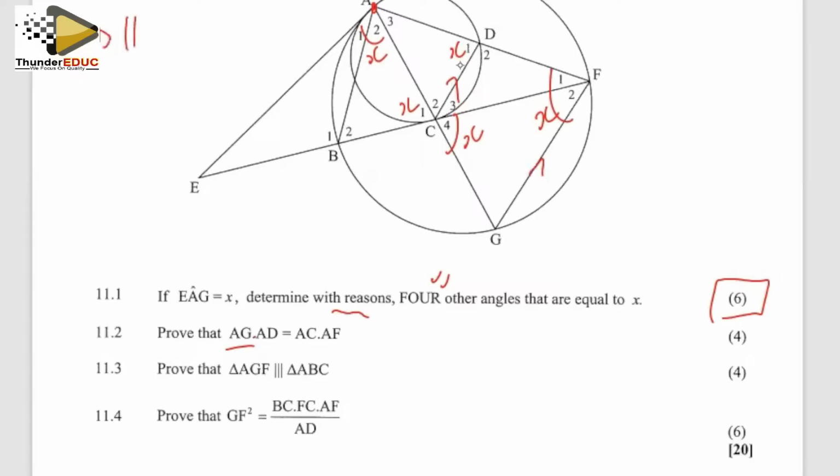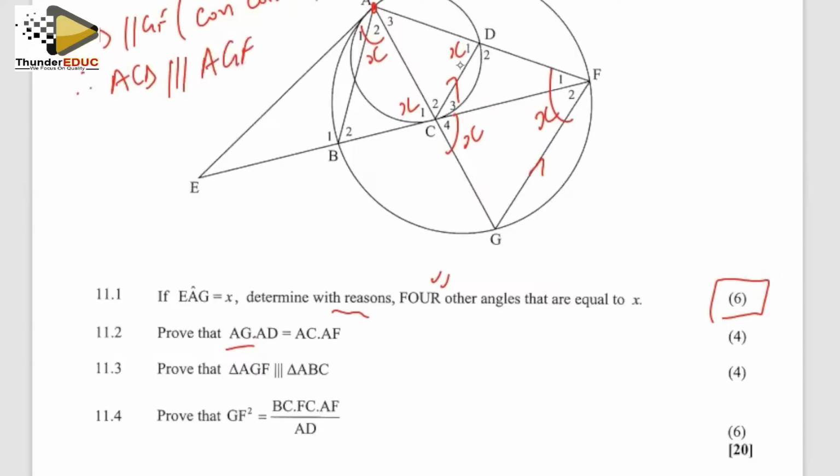So CD will be parallel to GF. That will be the converse of the corresponding angles. And if that is true, then we can see that this small triangle is similar to the bigger triangle. So therefore, ACD is similar to AGF.